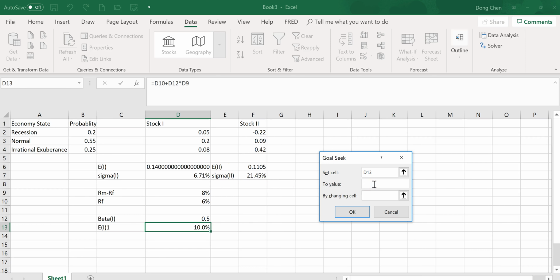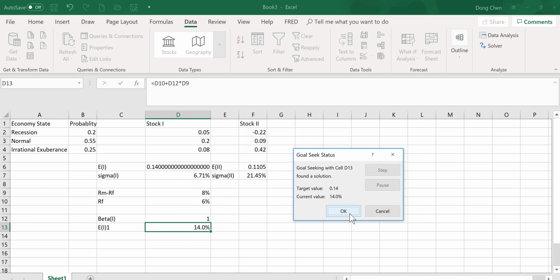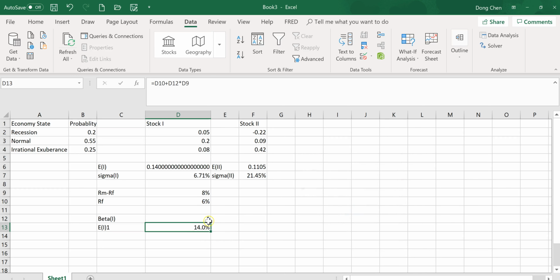So I have to use this 0.14, by changing cell, by changing this beta. Yeah, because I want to change this beta to make sure this expected return for stock 1 be exactly equal to this 14%. Okay, so beta turns out to be 1.